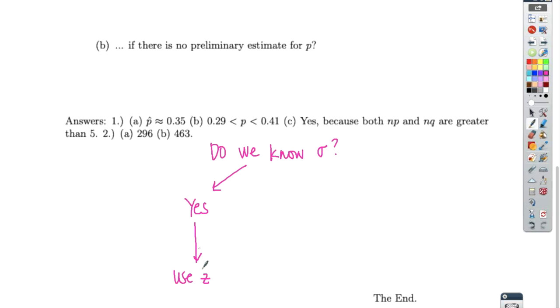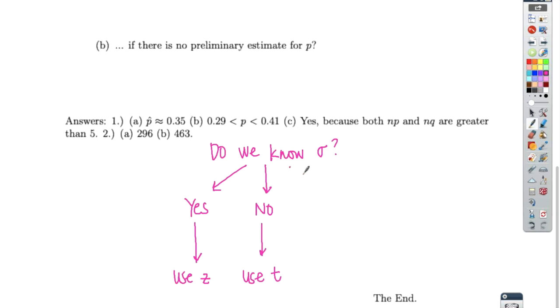So that still holds. Now this was 8.1, basically this branch. 8.2 was no, we do not know sigma. And in that case, we use a different distribution called the student's t distribution. You do the exact same formulas, but instead of using a z, now you use a t, and instead of using sigma, you use s.